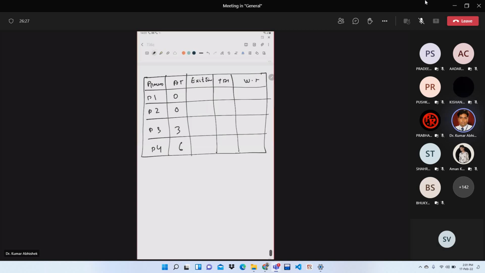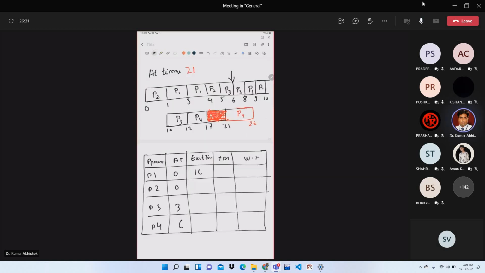P1 exit time is 10. P2 exit time is 5. P3 exit time is 12. P4 exit time is 26. So we have wait times 10, 5, 9, 20.